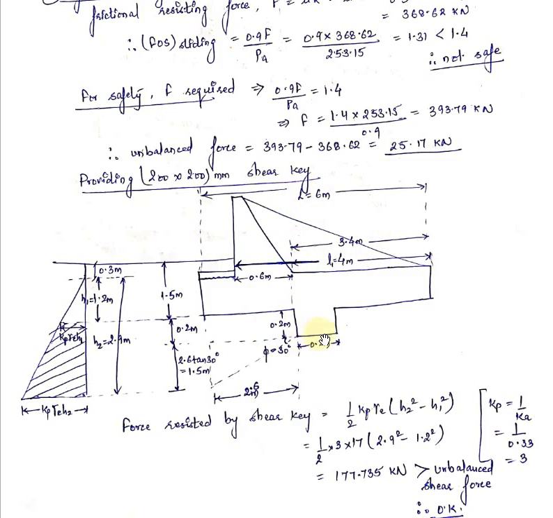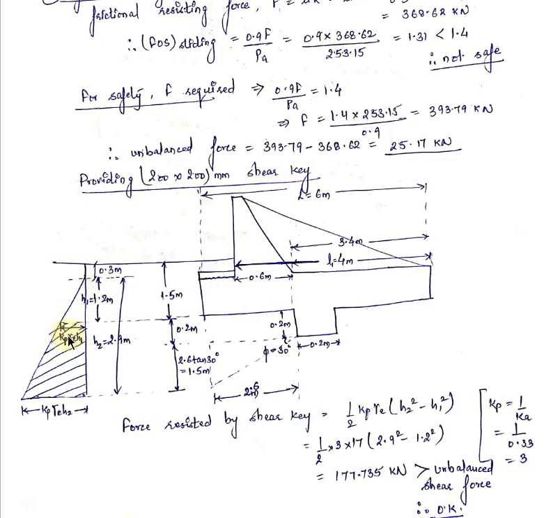But when we introduce a shear key in the retaining wall, the soil which is on the front part of the retaining wall starts to exert a passive earth pressure on the retaining wall.